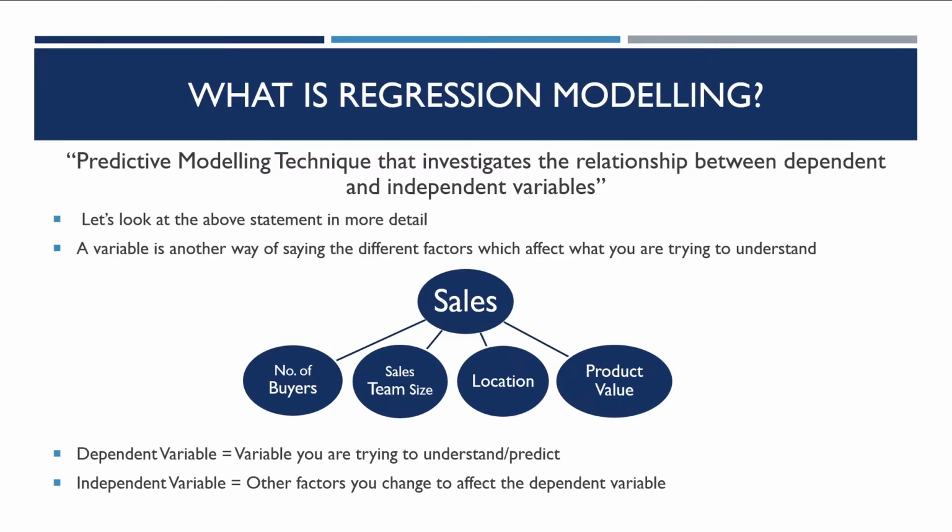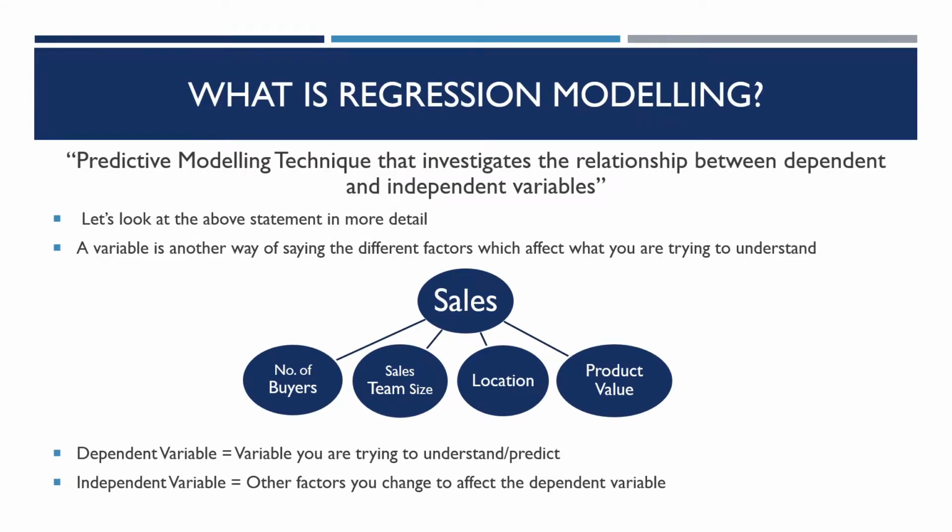So you can start to break down these variables into dependent and independent variables. Here you have sales, which is the variable you're trying to understand and predict, and that becomes your dependent variable, and the other factors which affect sales become your independent variables: number of buyers, sales team size, location, and product value, just to name a few.